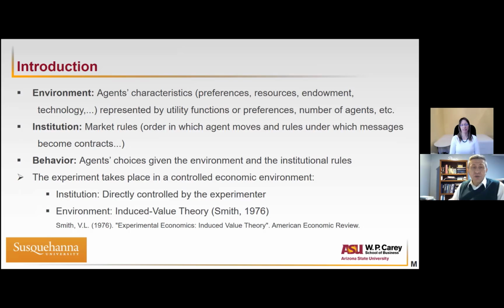The institutions can matter. So what are the rules? The order, or the sequence of when things occur in an experiment, is going to be important. And then what we're really looking at here is, what is the behavior?